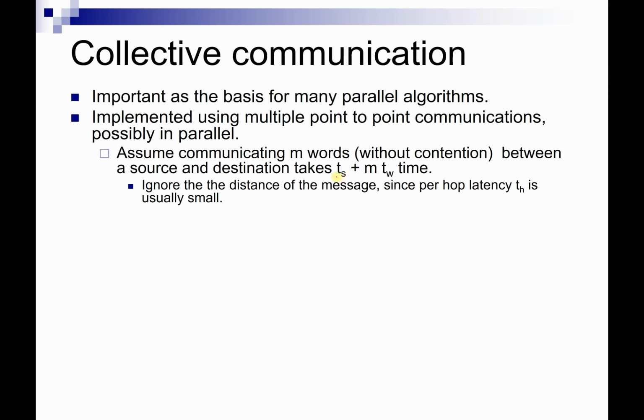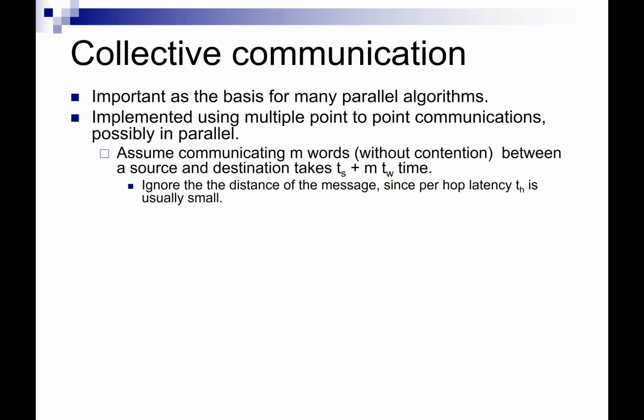First, you have to do some startup operations before you can send the message, and this has time ts. Next, for each word that you send, you pay a cost of tw time. So if we want to send m words, the time is just m times tw.